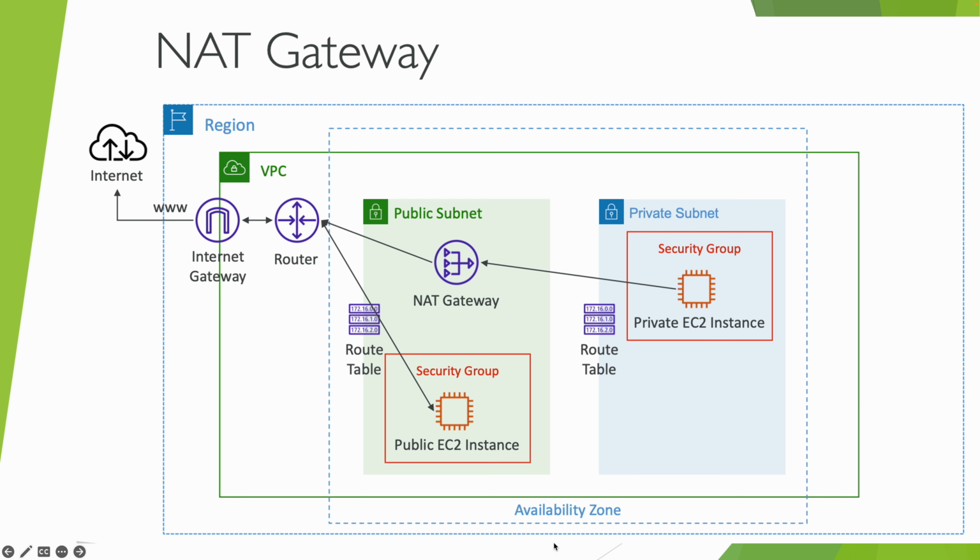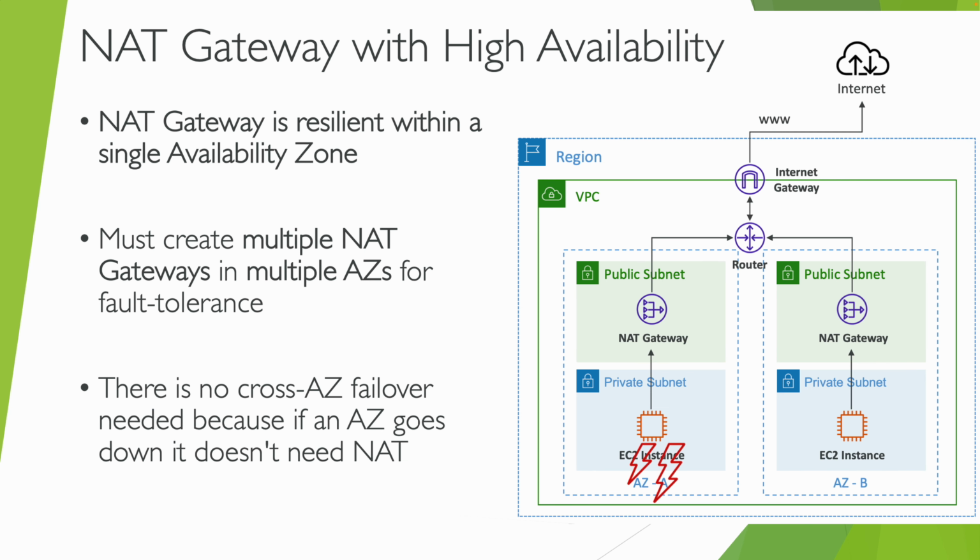We're almost at the end of the session. There is another thing called NAT gateway with high availability. We are using one NAT gateway, right? When we are using different subnets, we can create multiple NAT gateways to provide high availability for your environment.